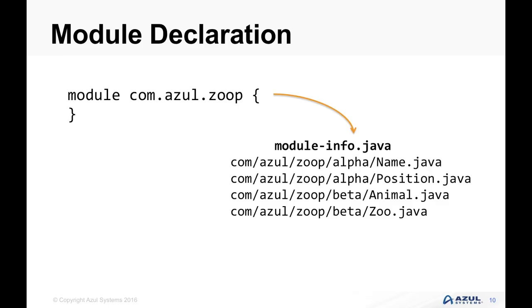When it gets compiled into a module-info.class file, which is created by the compiler and can then be used by the runtime to understand what the module is. But it's sort of separate from the rest of the application code. It doesn't really interact with the application code in terms of functionality. It's just there to allow the runtime to understand about the module. So simplest form, just the name of the module, and that's what it is.